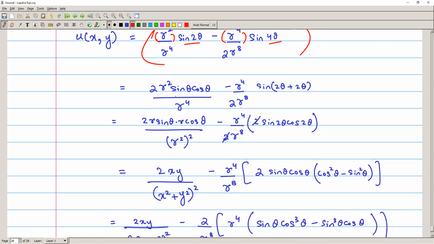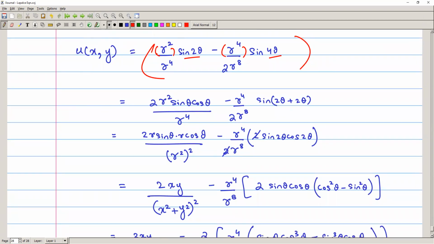So now we can write it here like this: 2r squared sine theta cosine theta, because sine 2 theta is equal to 2 sine theta cosine theta, right? And here, sine 4 theta, therefore we can simply write 2 sine 2 theta cosine 2 theta.